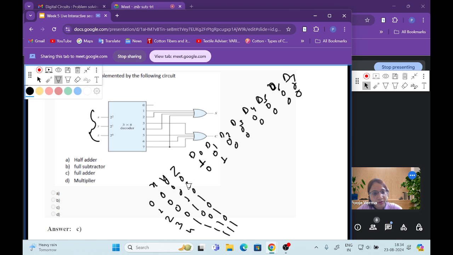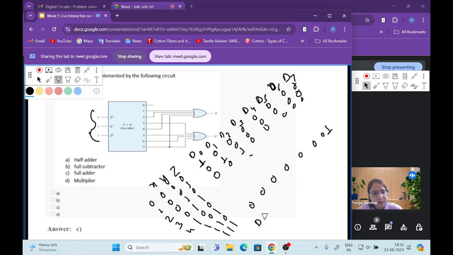Similarly for D2, this one, and we will do like this until the last one. D7 will be high and all others will be 0. And how can we write the output?